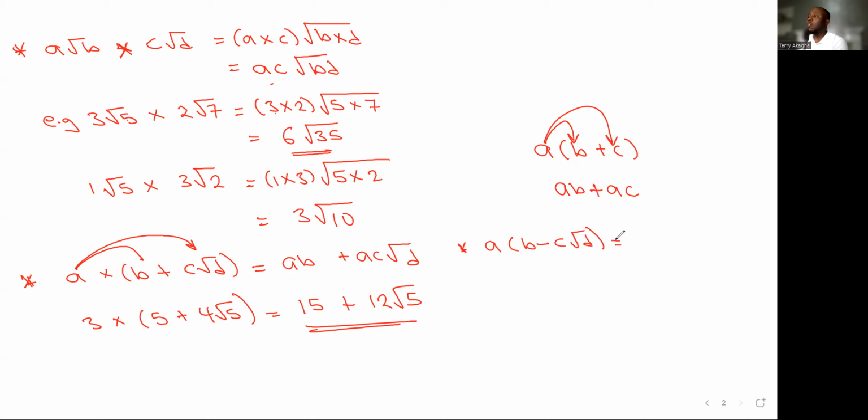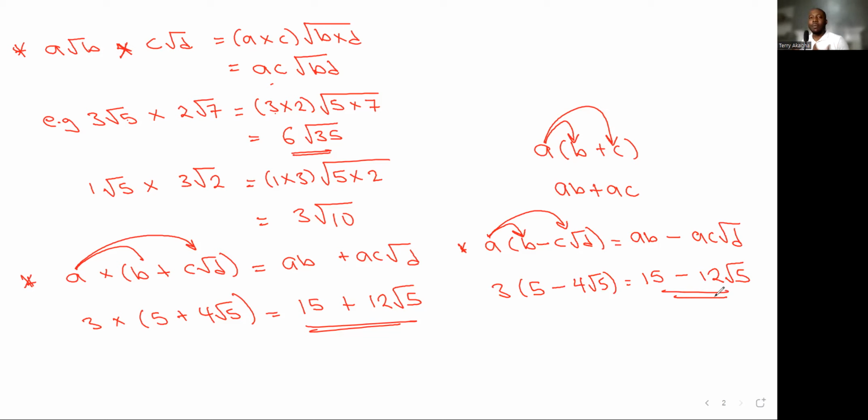Okay? It's going to give us the same thing, AB, but this time it's going to be what? Minus AC root what? D. So if you have 3 multiplied by 5 minus 4 root 5, it's going to give us 3 times 5 will be 15, minus 3 times 4 will be minus 12 root what? 5. Can you see?